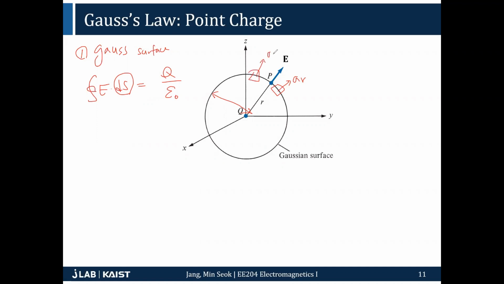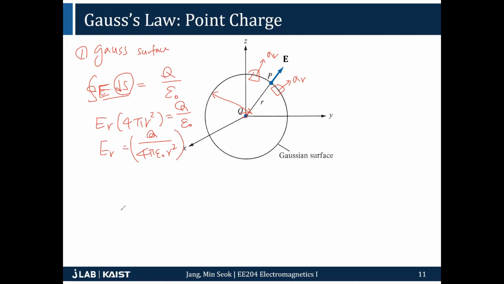And then due to the symmetry, because nothing changes even though you rotate the system, this integration becomes E_r times 4 pi r squared equals Q divided by epsilon naught, right? And then E_r is Q over 4 pi epsilon naught r squared. That is probably the story that you are familiar with, right?